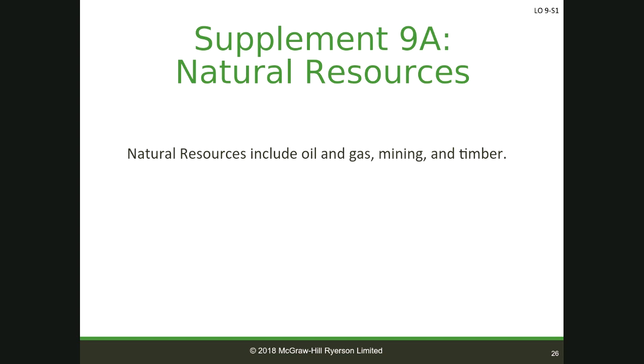For mining, how many tons of, let's say, coal are we going to be able to bring out of this mine? Right? In timber, the question is how many board feet of lumber will we be able to produce from the trees that we're going to cut down in a forest? Right? So these numbers are all based on output. Right? What's the output going to be?